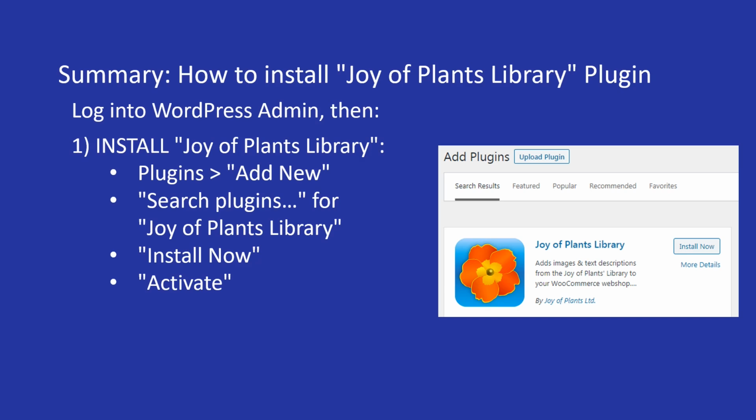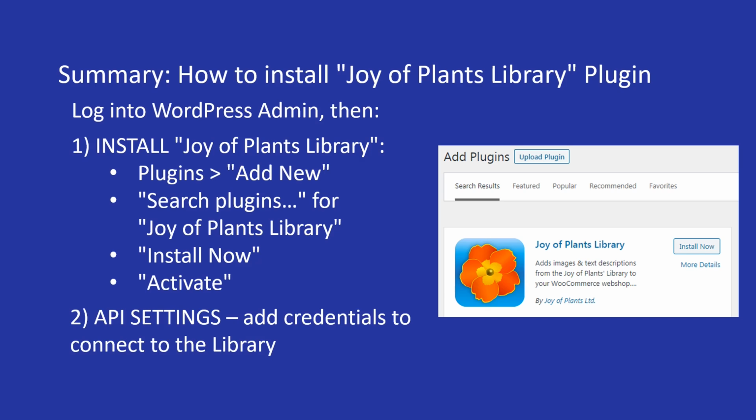Then use Install Now, and finally click Activate to add the plugin to your list of installed plugins. Then use the Joy of Plants API settings page to add the API credentials we give you that enable your connection to our library. I'll now log into our WordPress site and show you this process in practice.